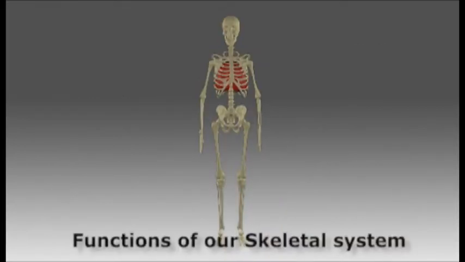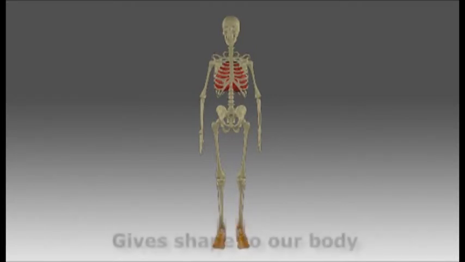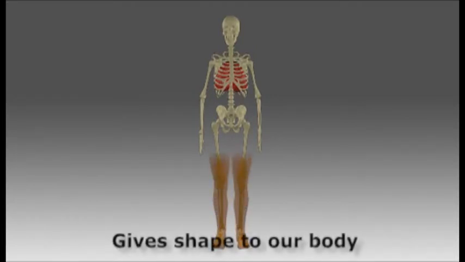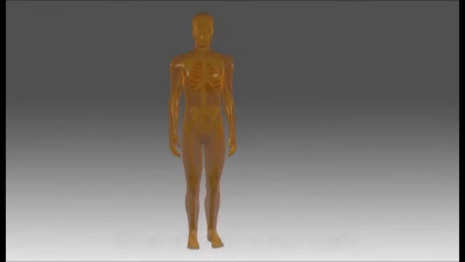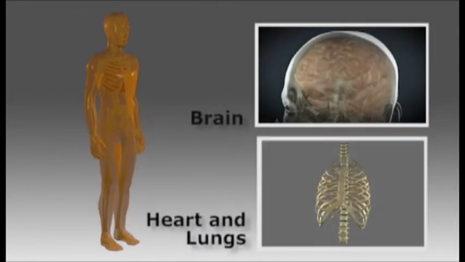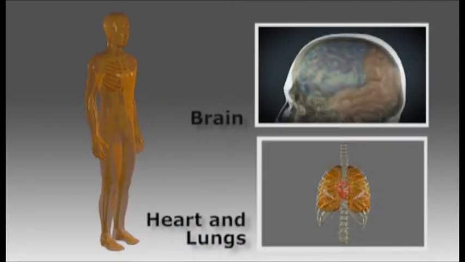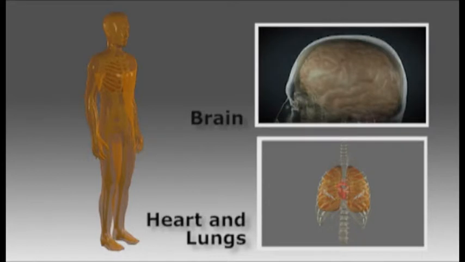Now let's see the functions of our skeletal system. The skeleton acts as the framework that gives shape to our bodies. It protects our internal organs, such as brain, our heart and lungs, which are very soft and sensitive. They cannot survive without the solid protection of our bones.